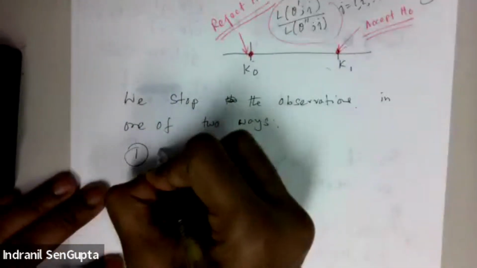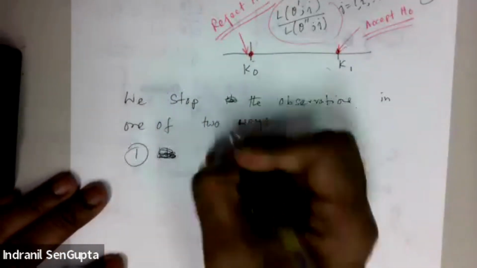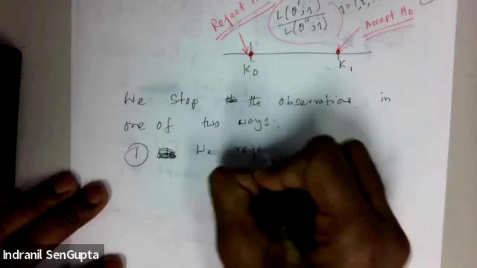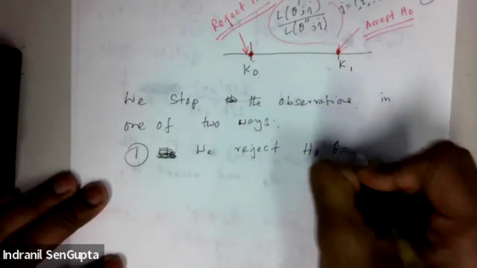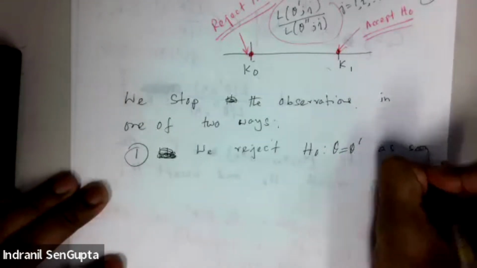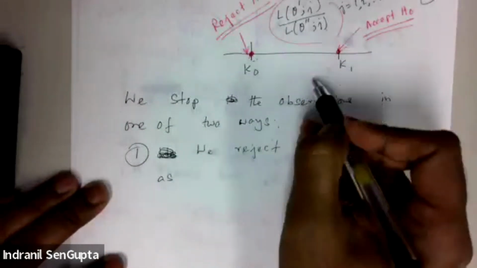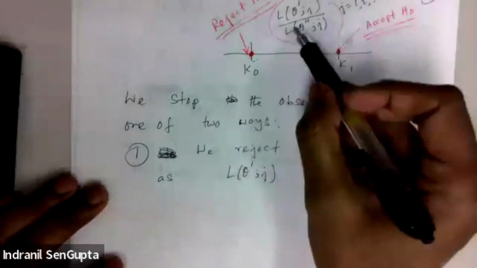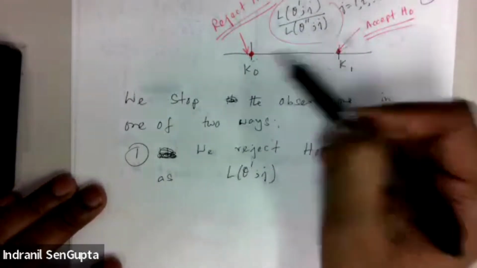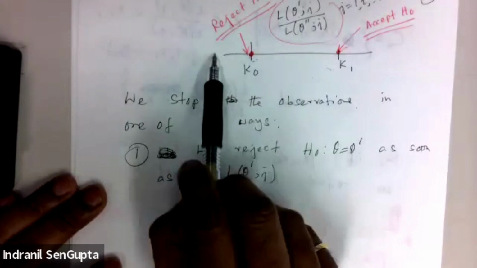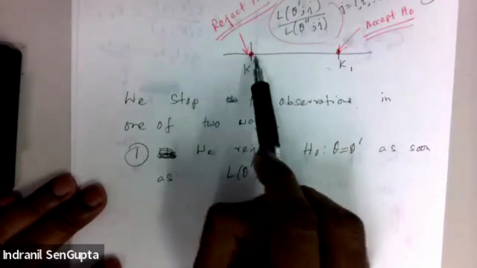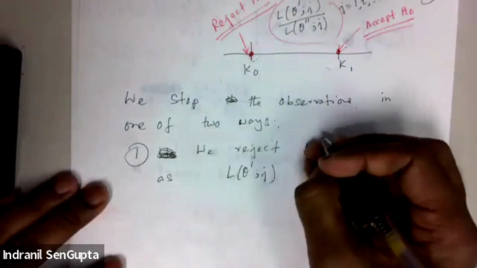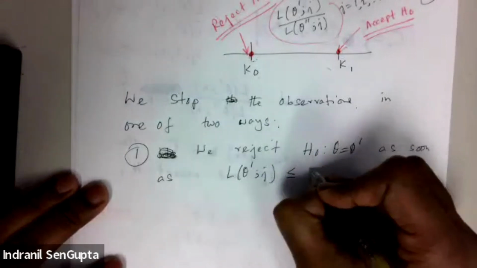Number one, we reject H0 as soon as we have seen this hit K0 or become less than that. Remember, this is not a continuous number. For every J there can be various values. So when this number goes past this, it can either hit K0 or be less than that, less than or equal to K0.